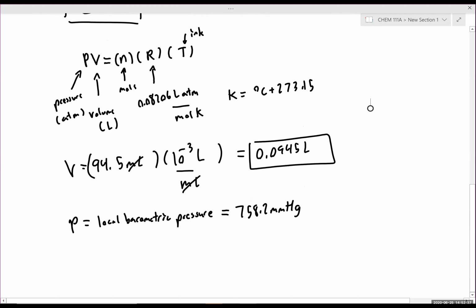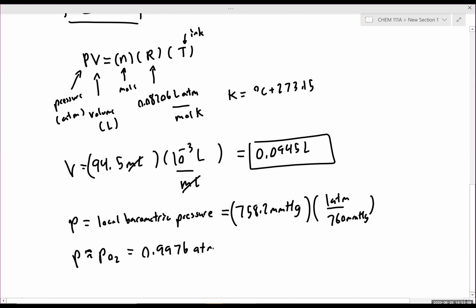To convert, we know that 1 atmosphere is equal to 760 millimeters of mercury. So our atmospheric pressure, which is approximately equal to the pressure of our oxygen, is about 0.9976 atmospheres.